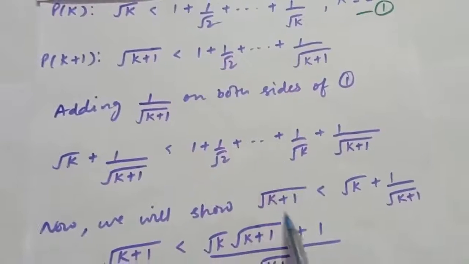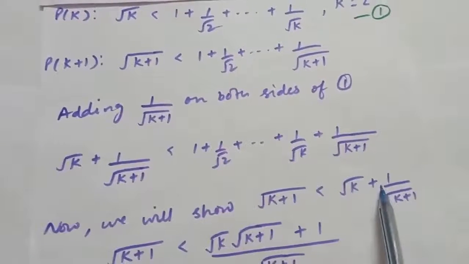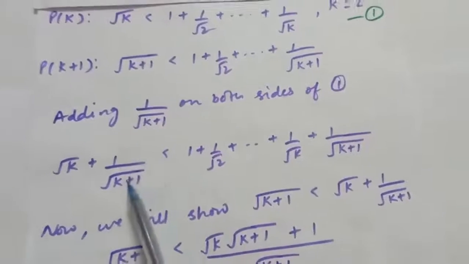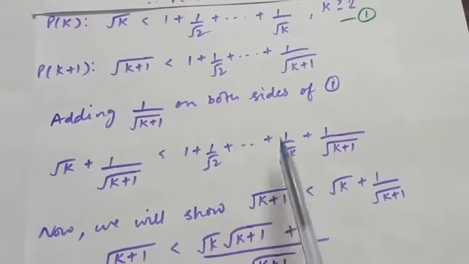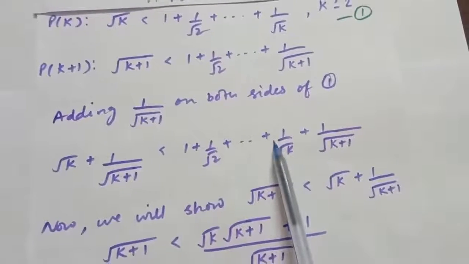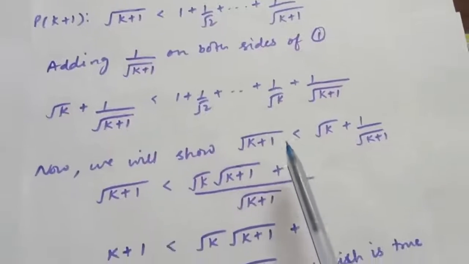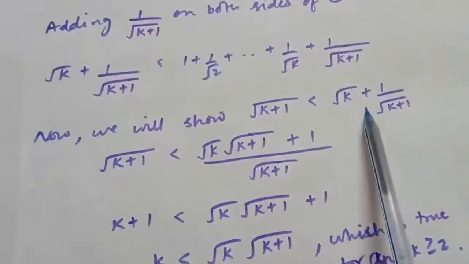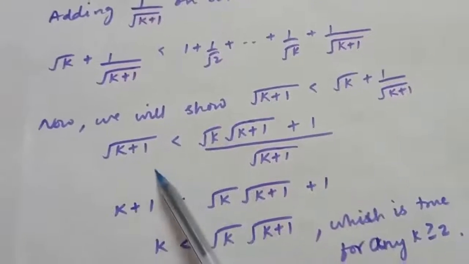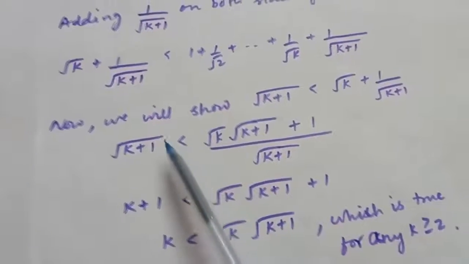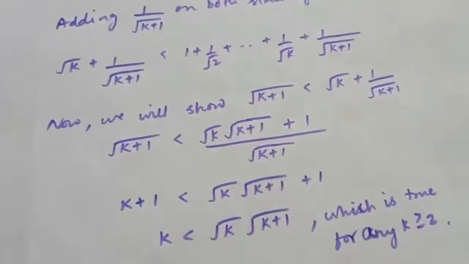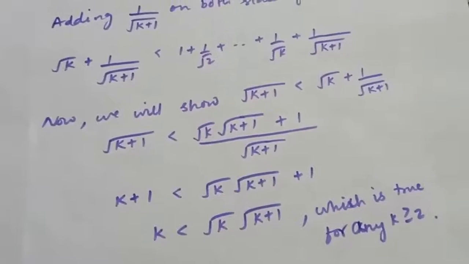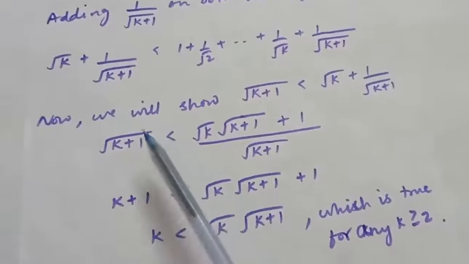Now if we just show that root (k+1) is less than this term, then this term is less than this term, so automatically root (k+1) becomes less than this, which we want to show. So now we will show that root (k+1) is less than this term. Let us assume that this is true, then we will see after solving if it is true or not.